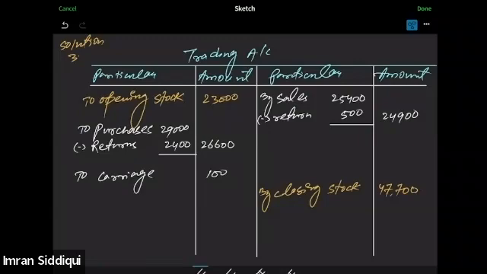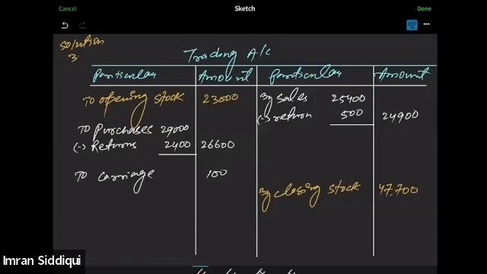Okay, but here is an interesting point. Depreciation will not be recorded in the trading account, even though it is an expense. But the trading account does not record all kinds of expense. It records only direct expense. Depreciation is not a direct expense.